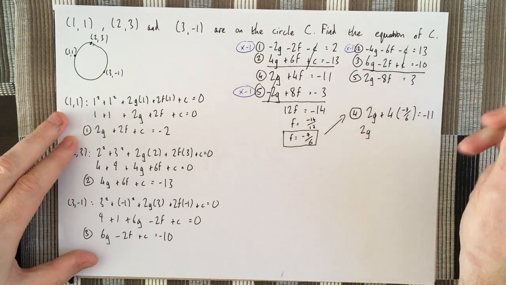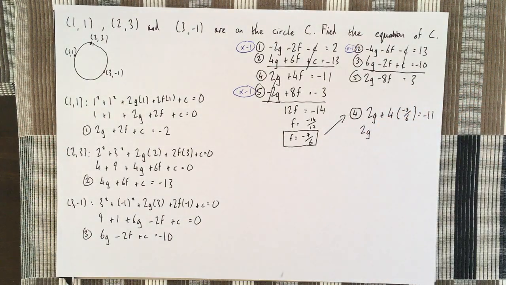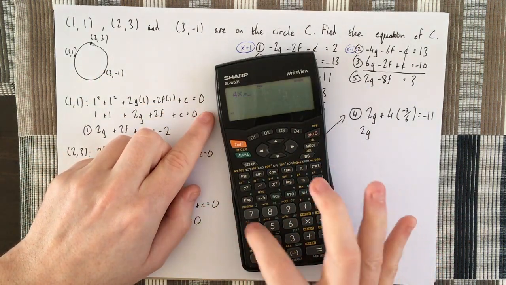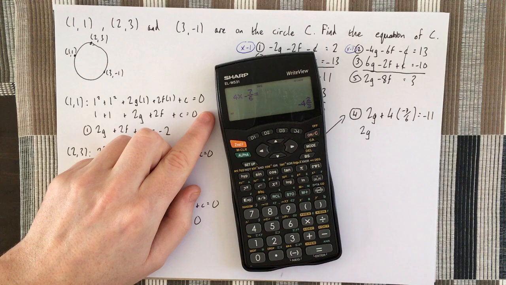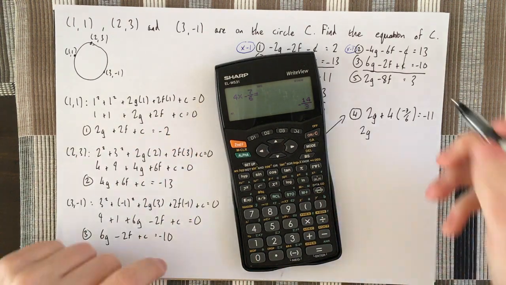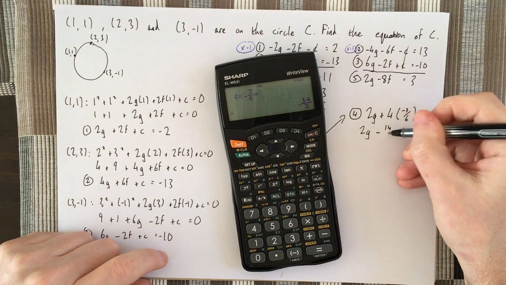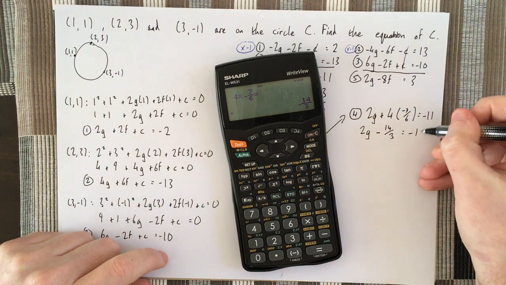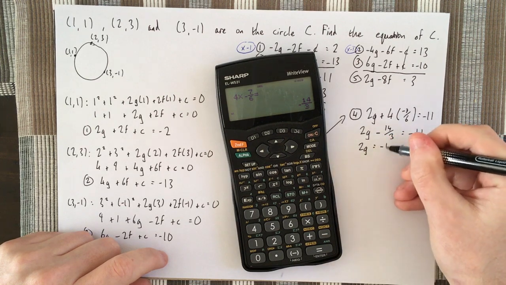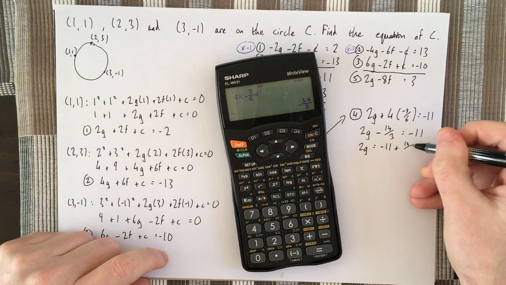So 4 times minus 7 over 6. If you're not too sure about multiplying the fractions out, just do it in the calculator. It's going to give you minus 14 over 3 equals minus 11.